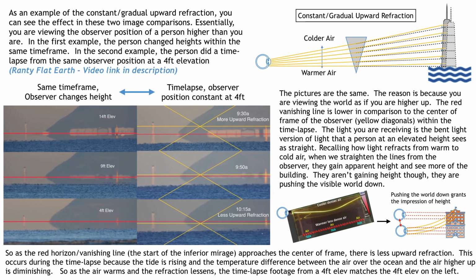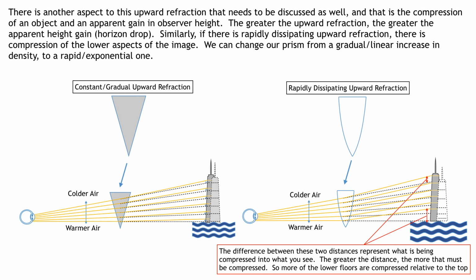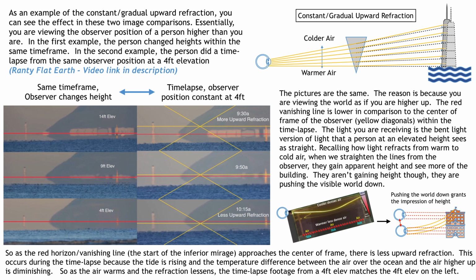So as an example of this constant gradual upward refraction, going back, this is the one on the left here, where we're bringing the entire horizon down somewhat linearly. You can see the effect in these two image comparisons. Essentially, you are viewing the observer position of a person higher than you actually are when this upward refraction occurs.